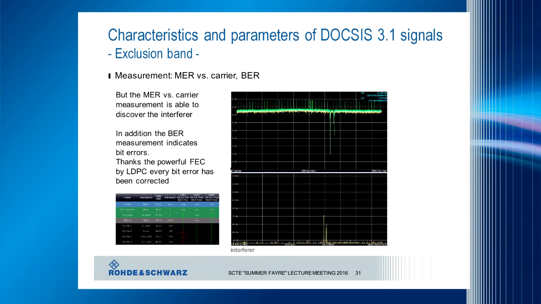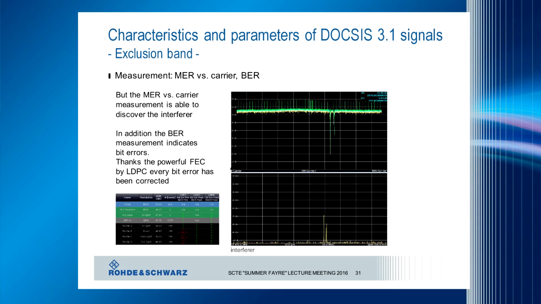On some carriers we have a huge impact, and in this case the MER over frequency is a kind of spectrum analyzer, which gives you the spectrum of the interferers, in a kind of mirrored spectrum. So the interferer with the highest level reduces the MER at this position to the lowest value.